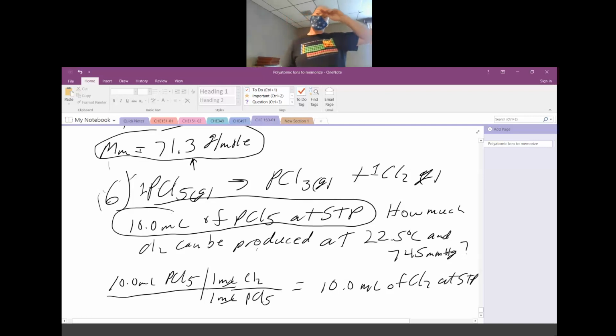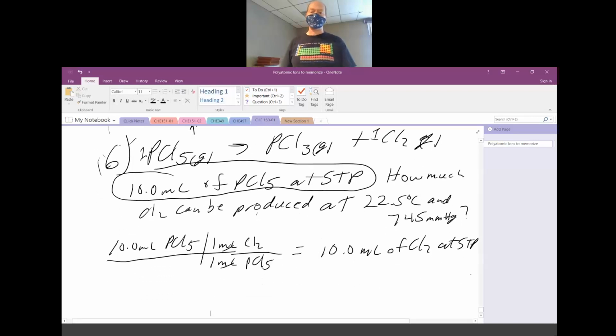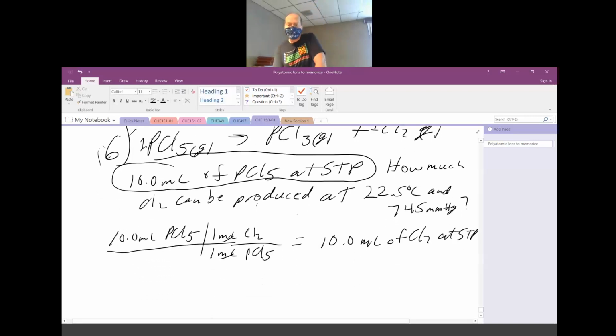All right, but it didn't ask how much Cl2 can be produced at STP. It says how much Cl2 can be produced at 22.5 degrees Celsius and 745 millimeters of mercury. So you need to know what STP means. And if you did it the hard way, you would still have to know what STP is.